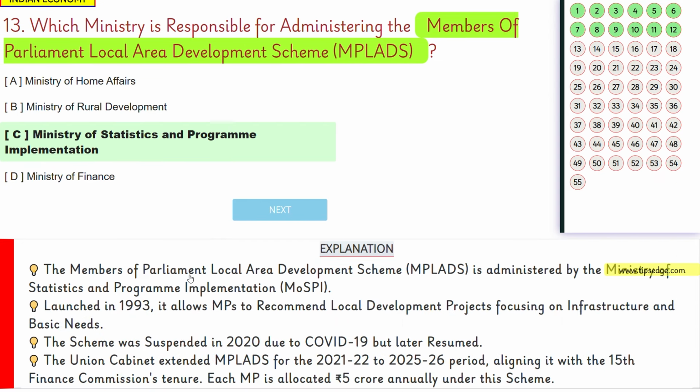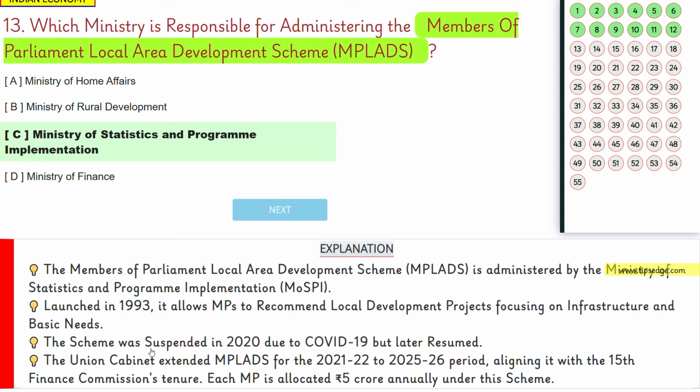The Members of Parliament Local Area Development Scheme, MPLADS, is administered by the Ministry of Statistics and Program Implementation, MoSPI. Launched in 1993, it allows MPs to recommend local development projects focusing on infrastructure and basic needs.